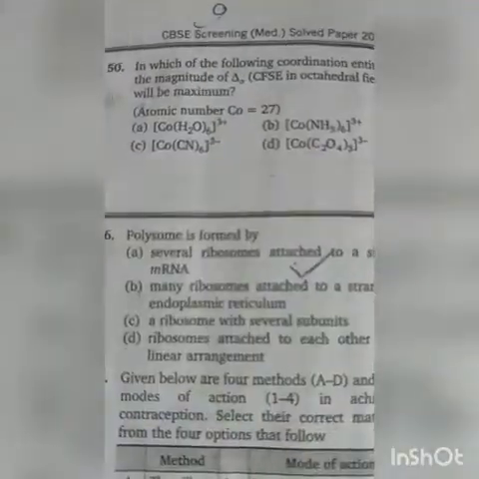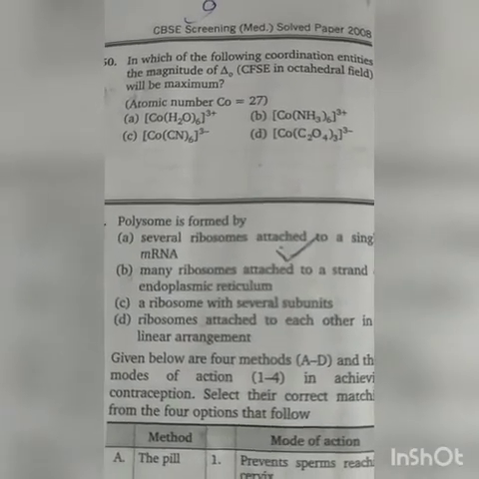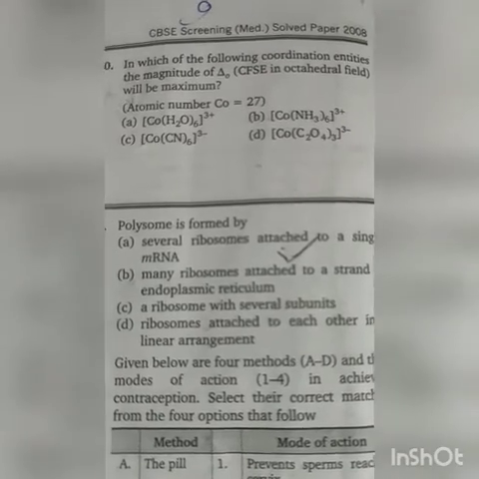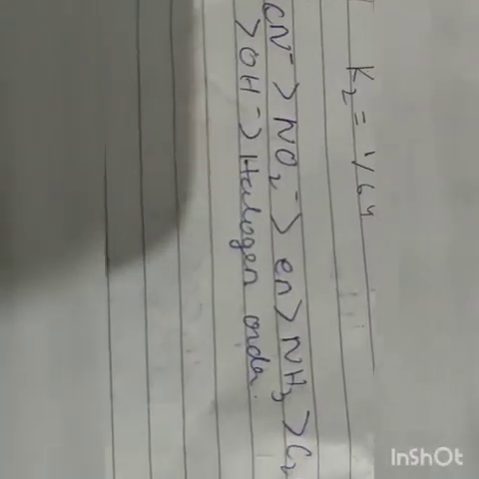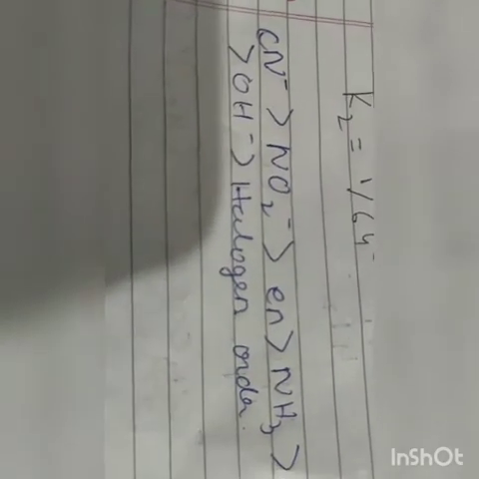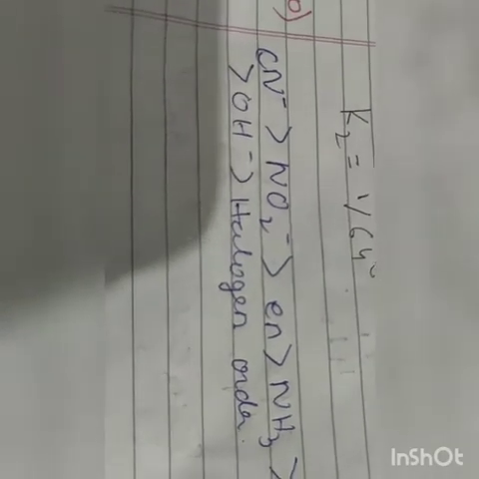Now the last question, question number 50. In which of the following coordination entities will the magnitude of CFSE in octahedral field be maximum? We know the atomic number of cobalt is 27. So here is the series. The magnitude of the orbital splitting energy is decided by the nature of the ligand. A strong ligand has the highest delta octahedral.